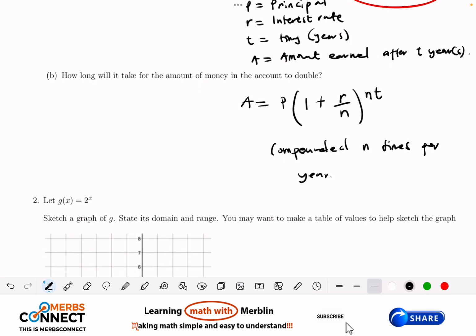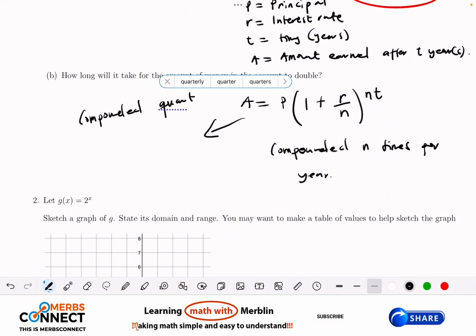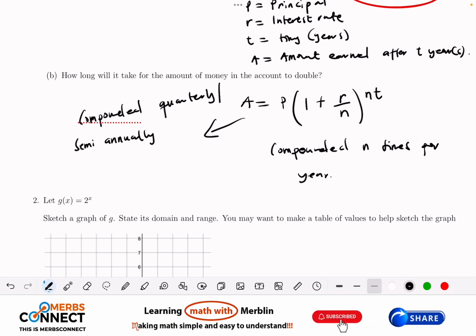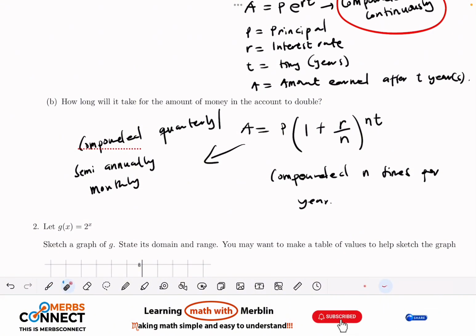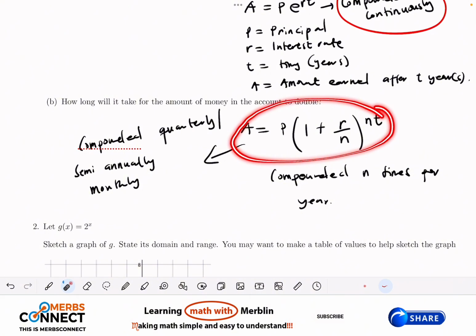So here we use this formula when the question is talking about compounded quarterly or semi-annually. We can also talk about monthly. So anytime the question is talking about something like compounded quarterly, semi-annually, and monthly, then we are going to use this formula right here.